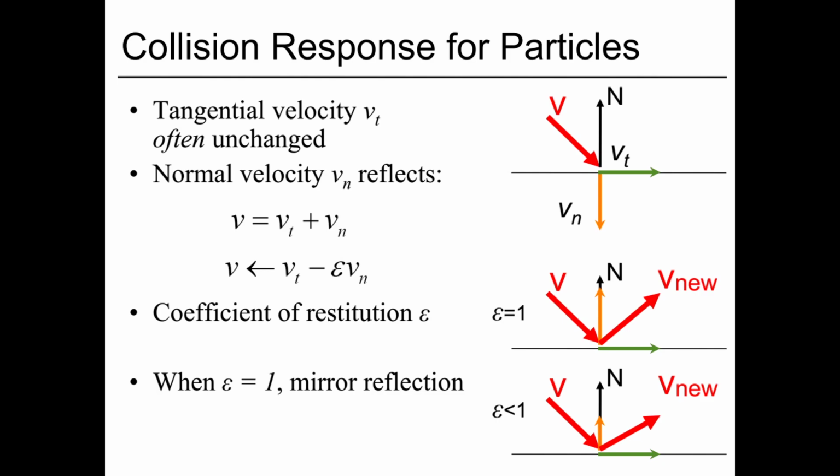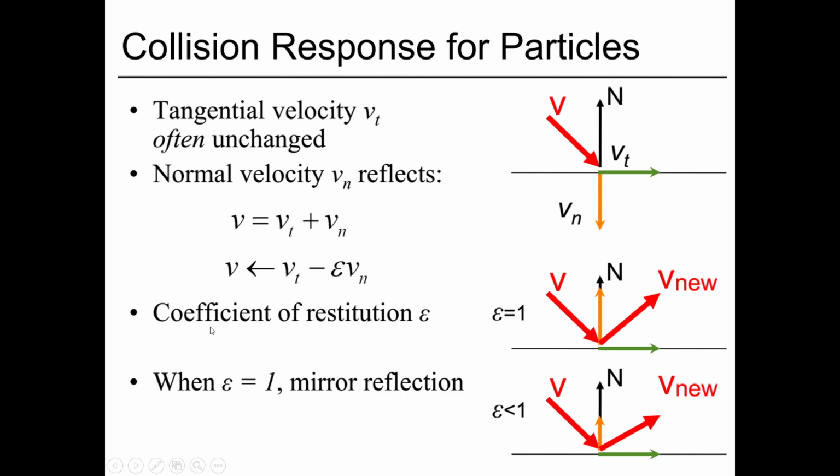So the reaction force from the surface comes perpendicularly in the opposite direction, as we have said before. Basically the negative of the normal velocity is responsible for reflecting, whereas the tangential velocity remains unchanged. Thus, we can model the collision response for the particle moving at velocity v = vt + vn, so that the reflected velocity will be v = vt − ε vn.